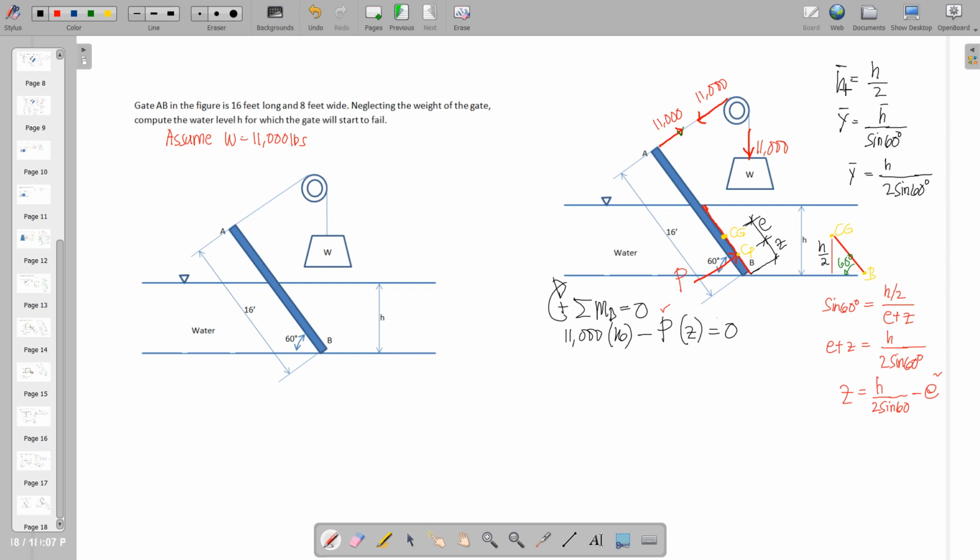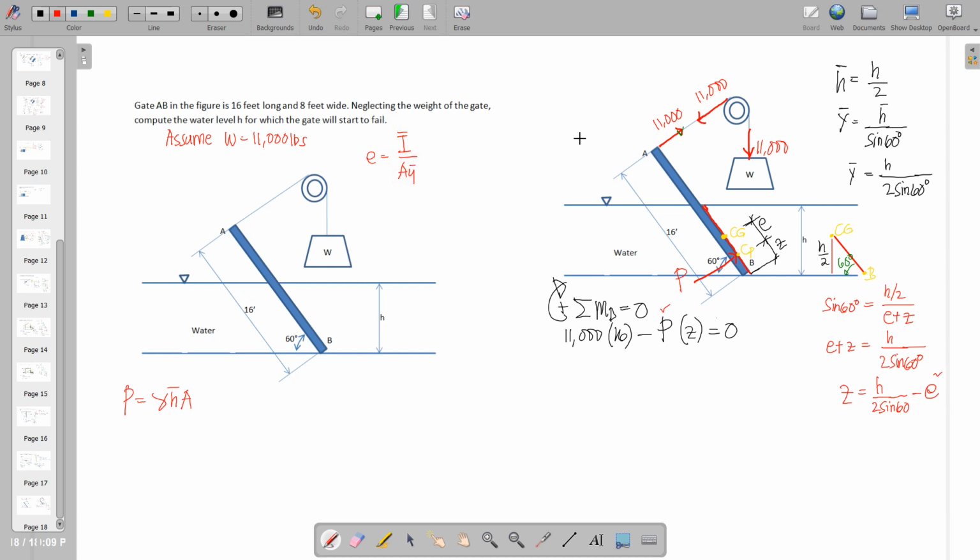So working with H bar and Y bar, we can now proceed to write the equation for P, gamma H bar A in terms of H, and then E, we have I bar all over A Y bar.